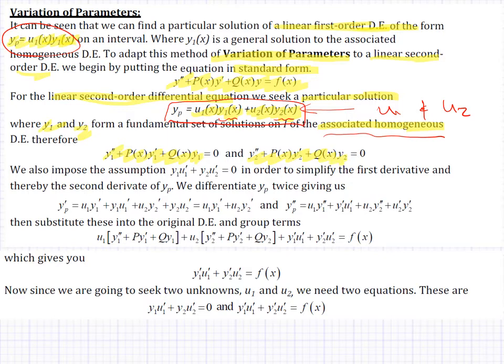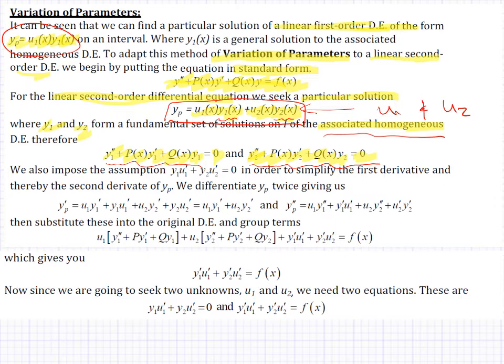So when y1, y1 prime, y1 double prime get plugged in, it should equal 0, and when y2, y2 prime, y2 double prime get plugged in, it should equal 0 as well. These are basically consequences of y1 and y2 solving the associated homogeneous differential equation.